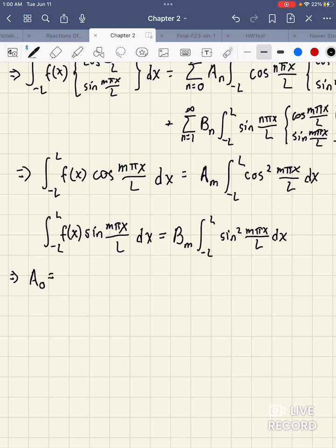So for m equal to 0, our a of 0 will be equal to 1 over 2L times the integral from negative L to L of f of x dx.